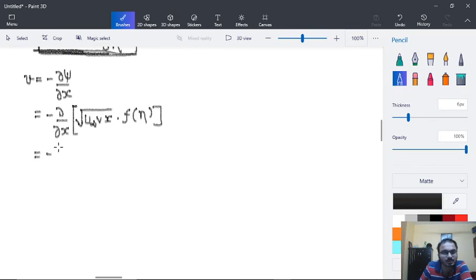Here we need to take the constants out, that is square root of u infinity into nu into del over del x into square root of x into f of eta.